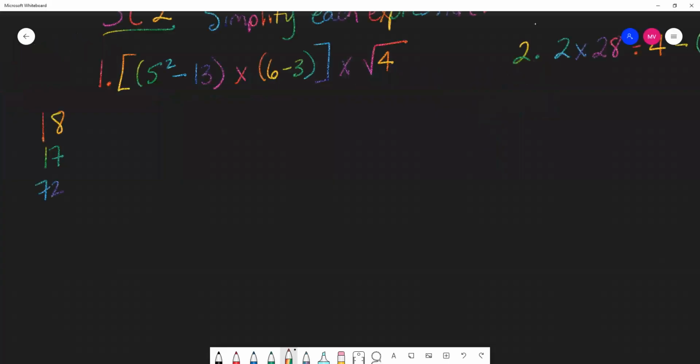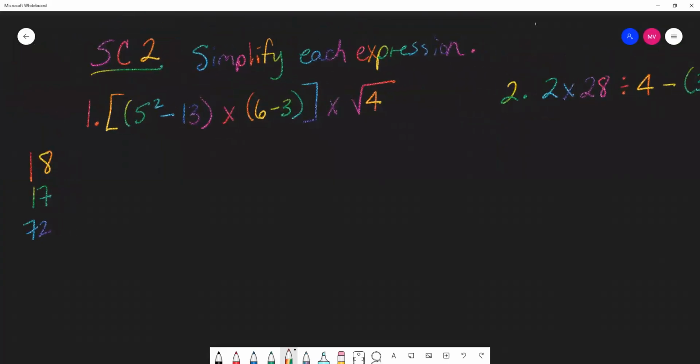All right, so we have a variety of answers. This is the one we're looking for, number 1. So let's look at our grouping symbols. What is our innermost grouping symbol? Well, we've got 2, right?